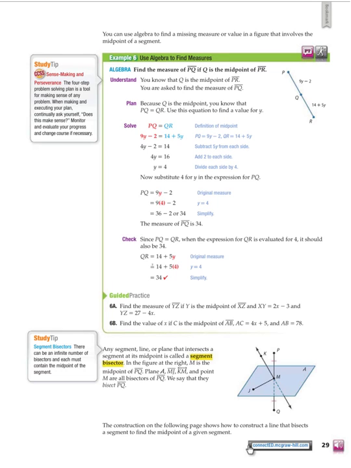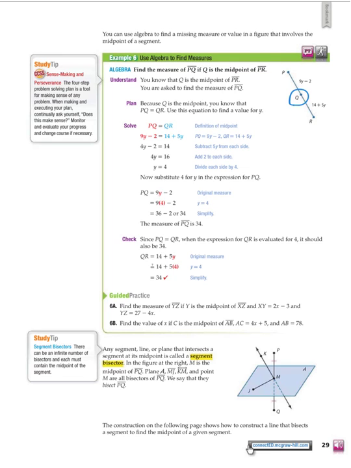All right, we've got just a couple other things here we want to look at. On this page, find the measure of PQ if Q is the midpoint of PR. So this time we're seeing that not only do we have betweenness, we have a Q that's between PR, they're collinear, and Q is between PR, but this time they're telling us Q is a midpoint.